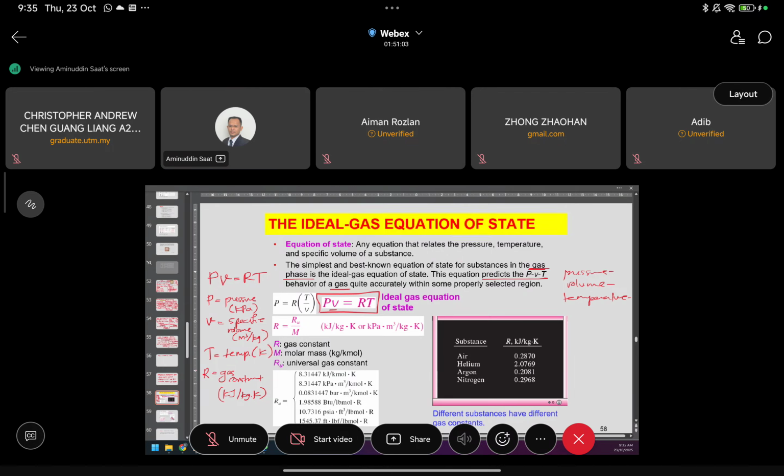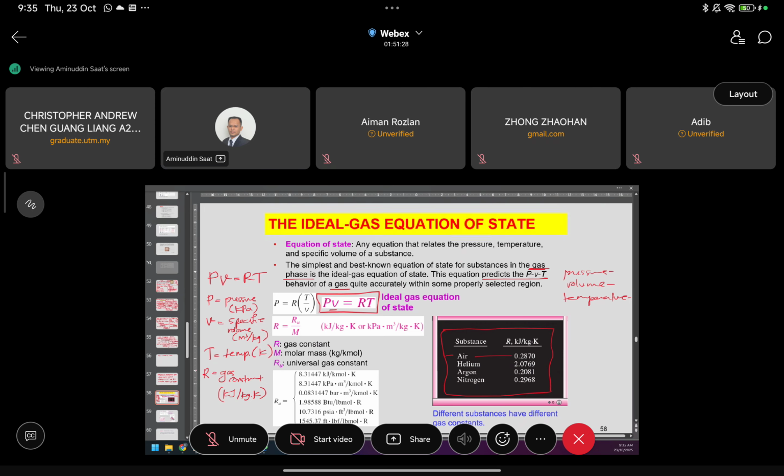Okay, so this is an example of gas constant for several gases that you might be dealing with. For air, the gas constant is 0.287 kilojoule per kilogram Kelvin. Helium, 2.0769.